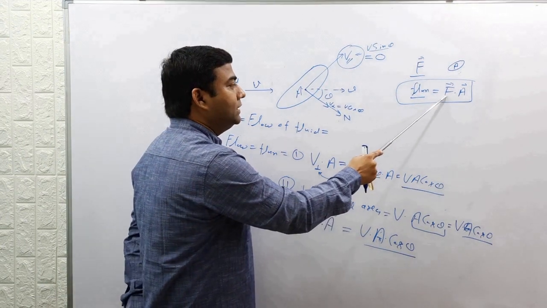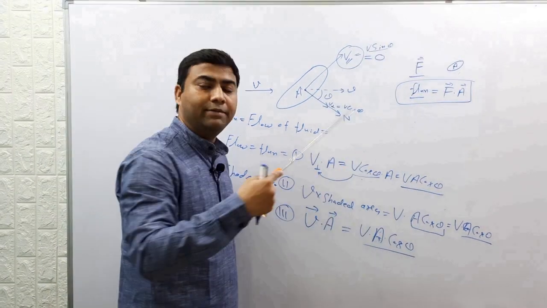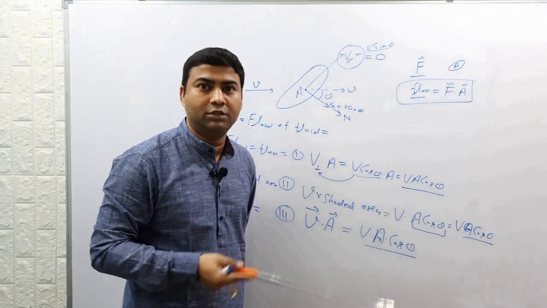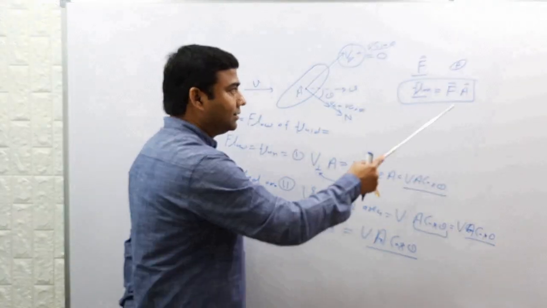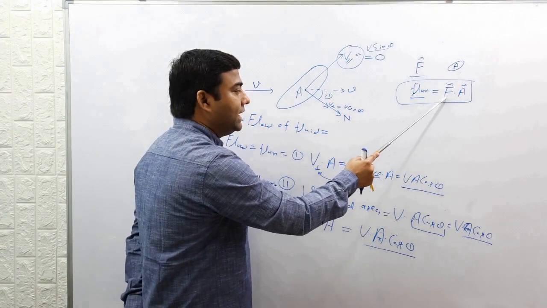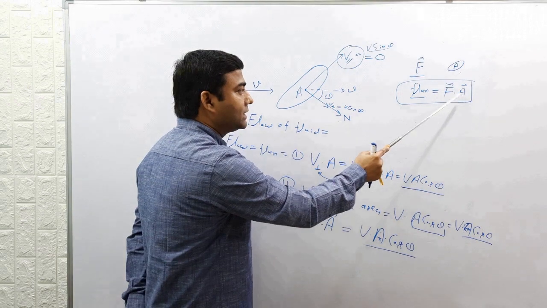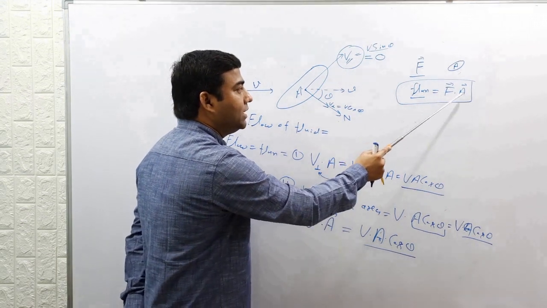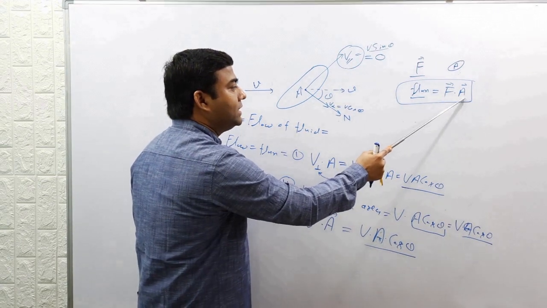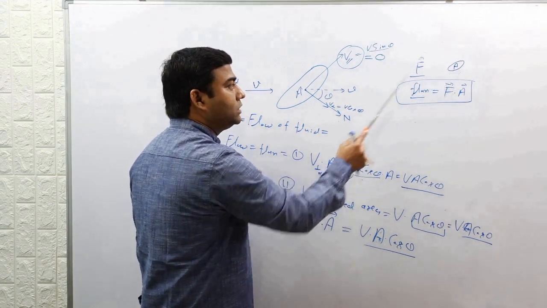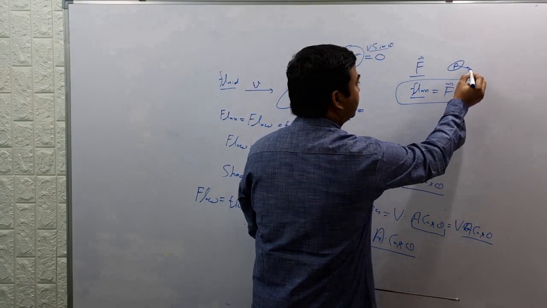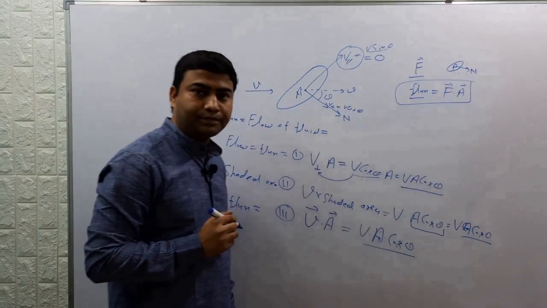This distributed field can be a gravitational field, a magnetic field, or a flow velocity, whatever it is. F dot A is the flux of this field through the given surface, where the area vector A has magnitude equal to the area and direction perpendicular to this area.